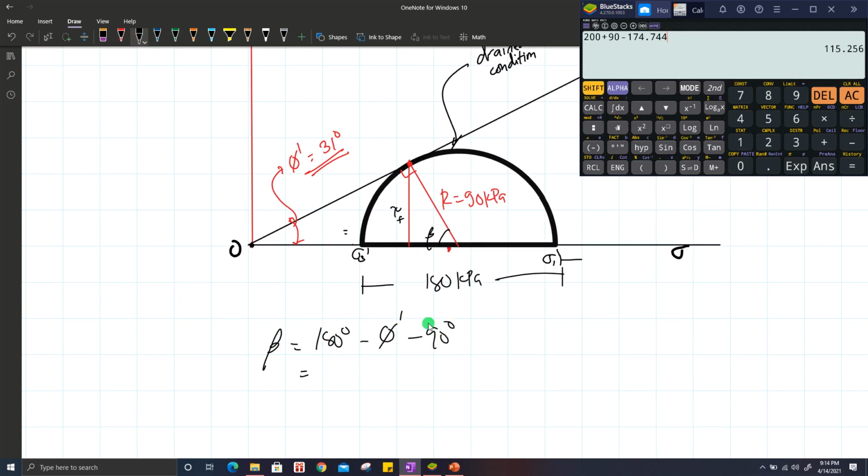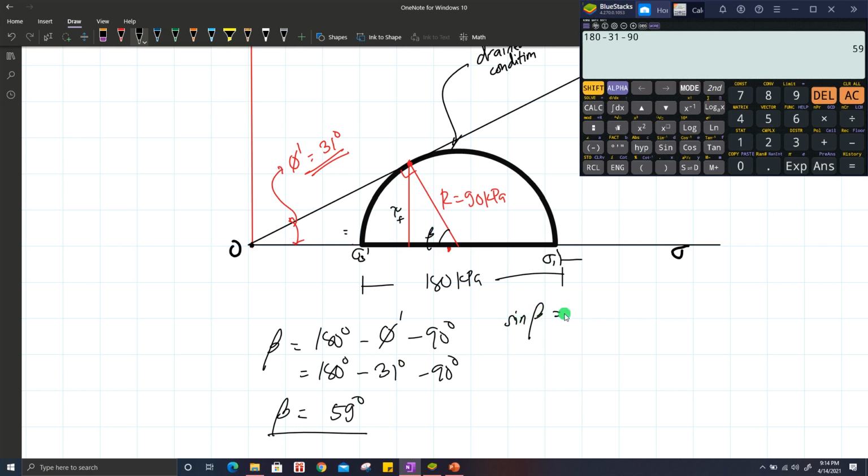So, ito yung sum ng lahat ng interior angles ng right triangle equals to 180 degrees. So, 180 degrees minus 31 degrees minus 90 degrees. So, ang beta natin ay 59. So, that's 59 degrees.